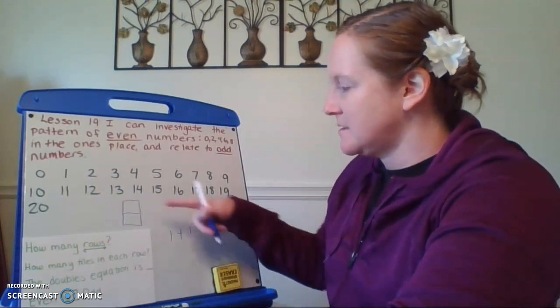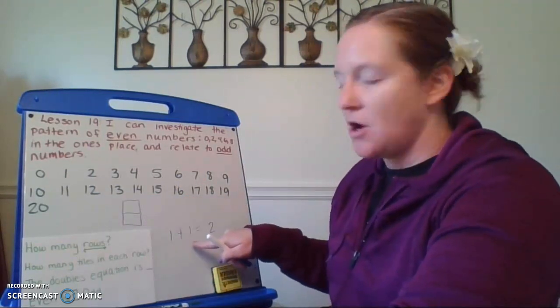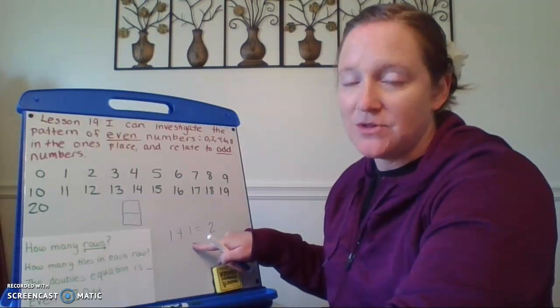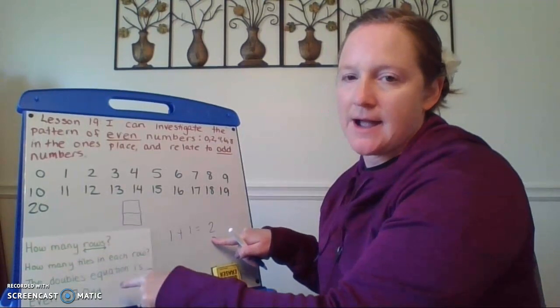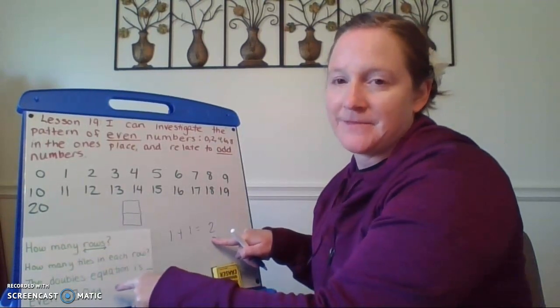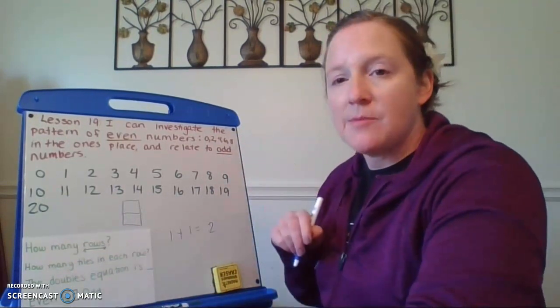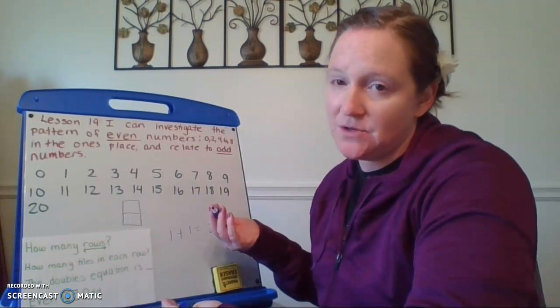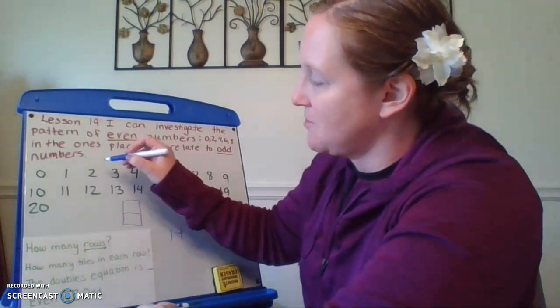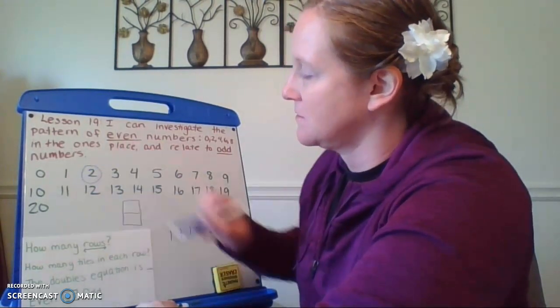So looking at this picture, and knowing my information about double numbers that I'm adding, is 2 even or odd? It's even. So we'll keep track on my number line to determine which numbers are even and which numbers are odd, and if there's a pattern that we can determine. So 2 is an even number.